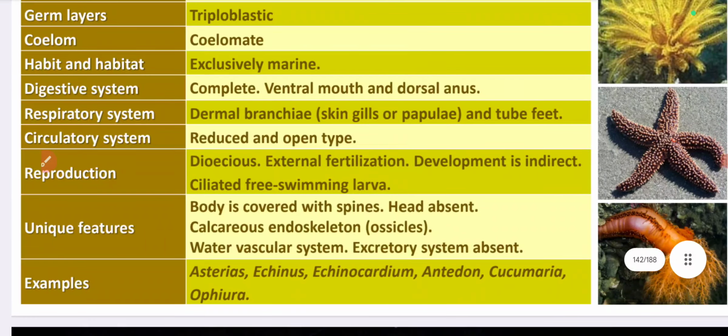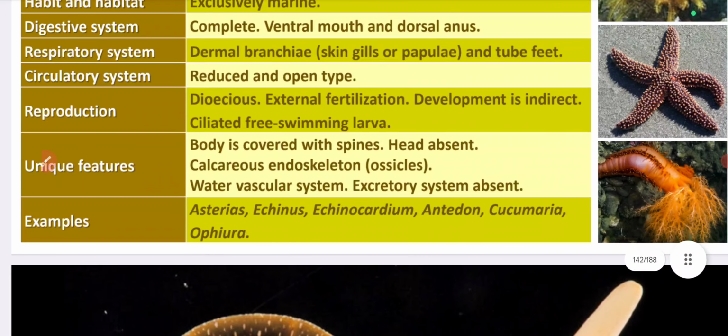Circulatory system is reduced and open type, reproduction dioecious, external fertilization, development indirect, ciliated free swimming larva. Unique features: body is covered with spines, head absent, calcareous endoskeleton or ossicles, water vascular system, excretory system absent. Examples: Asterias, Echinus, Echinocardium, Antedon, Cucumaria, Ophiura.